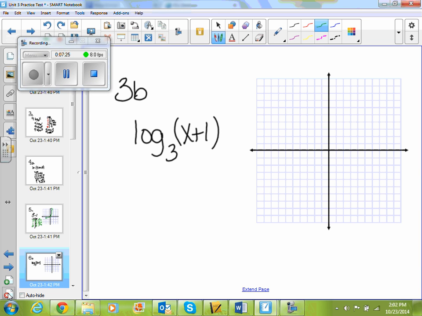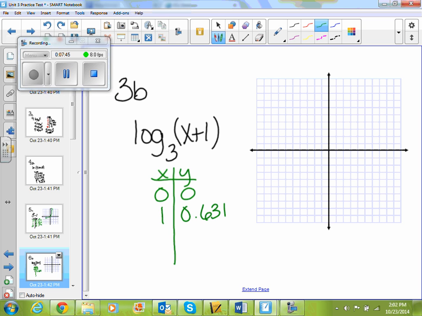Alright, so if I look at part B, log base 3 of x plus 1. This one is just going to be easier to put into your calculator. Just put it in your y equals and then graph it, but then copy down some values from your table. So now I'm going to have values of 0, 0, 1, 0.631.